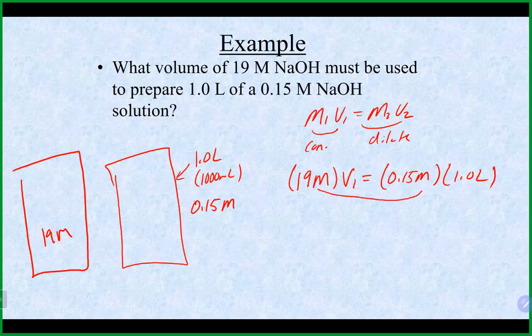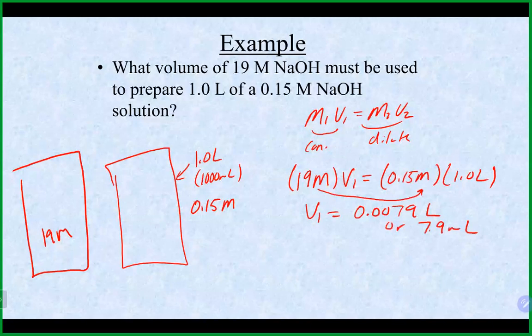We're going to send this to the other side, and that will give us a V1 of 0.0079 liters, or about 7.9 milliliters of our 19 molar.